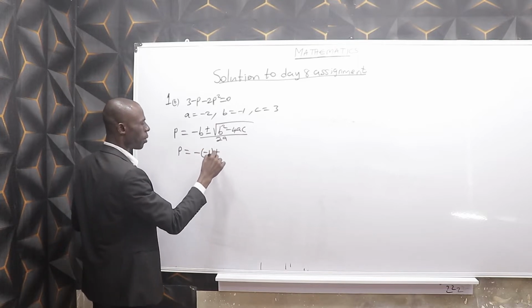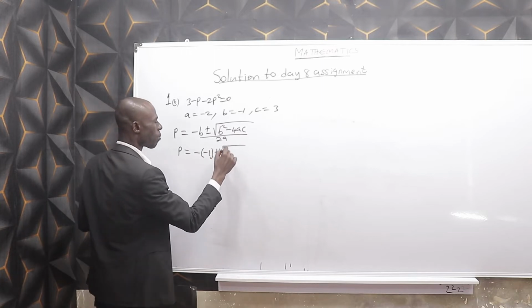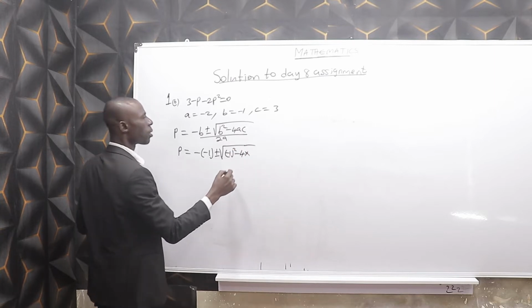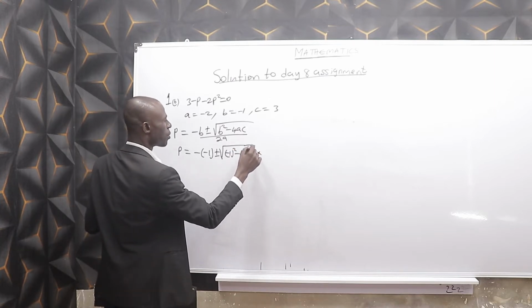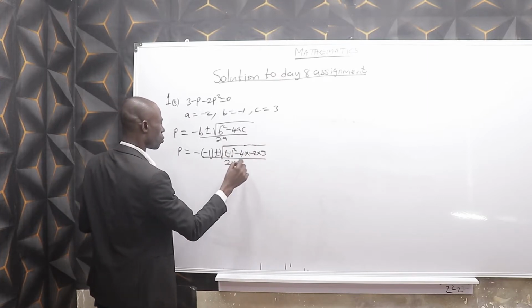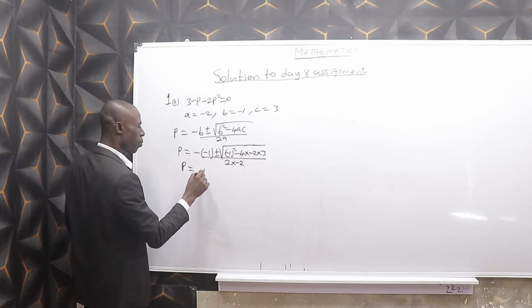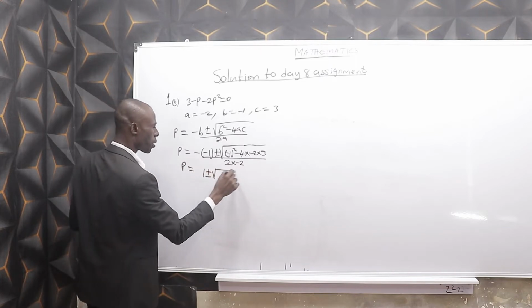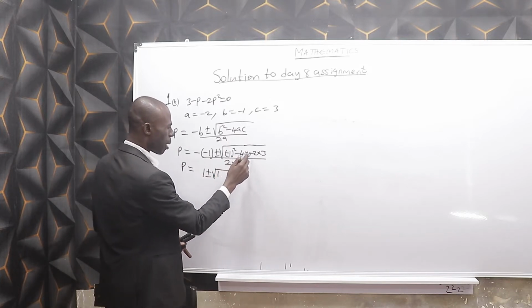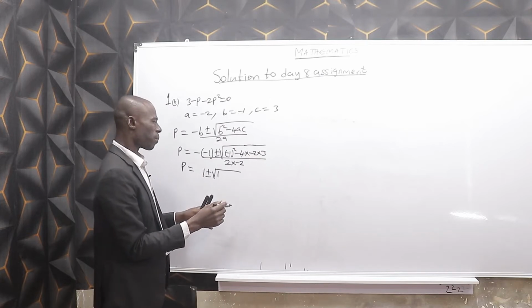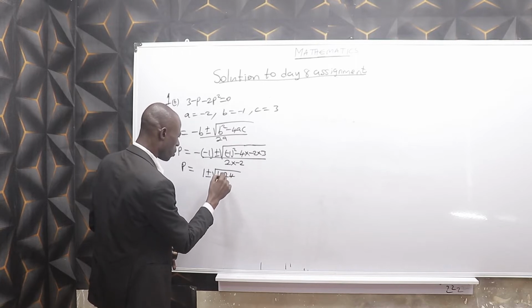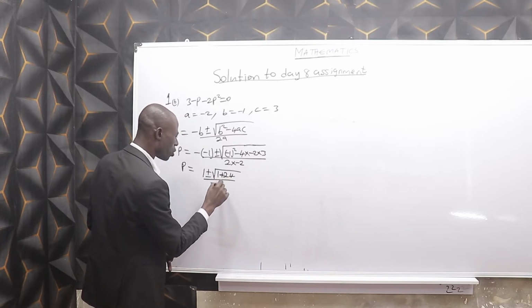Minus 1, plus or minus square root of minus 1 all squared minus 4 times a, which is minus 2, times c, which is 3, over 2 times minus 2. p equals 1 plus or minus square root of minus 1 squared, which is 1, minus 4 times minus 2, and that's positive 8, positive 8 times 3, that is positive 24, all over minus 4.